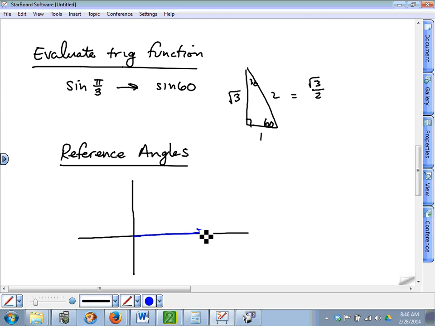So let's draw an angle in the second quadrant. Here's theta. We don't have to know the exact measure for right now because it doesn't matter.